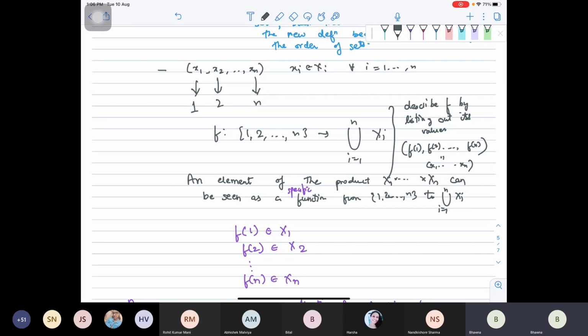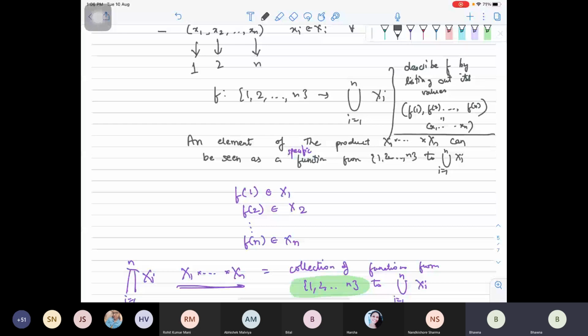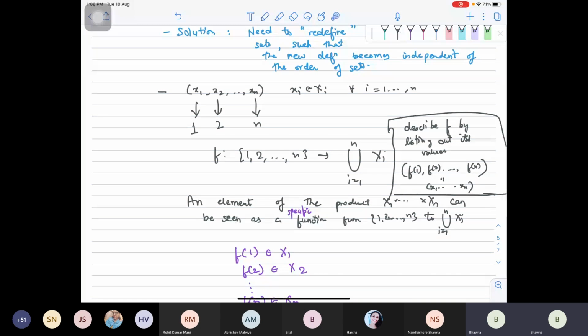Now in this way, I am identifying this element to be a function. Is it clear now? Yes, ma'am.